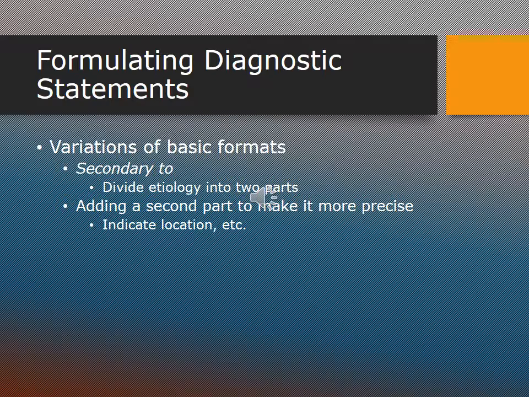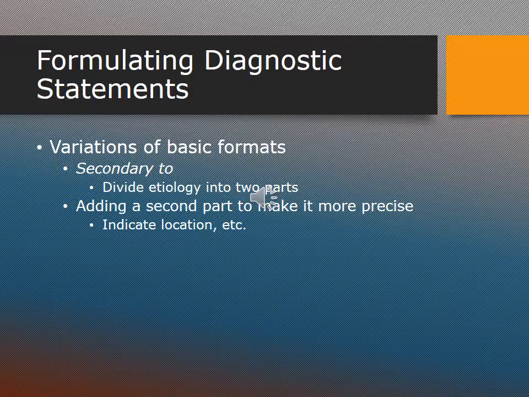So the way we get around this is we need another nursing professional to understand that their impaired swallowing is related to a neuromuscular involvement, more specifically exactly what occurred. So we say impaired swallowing related to neuromuscular involvement secondary to a cerebrovascular accident. That is how we can interject a medical diagnosis inside of a nursing diagnosis, by saying secondary to.